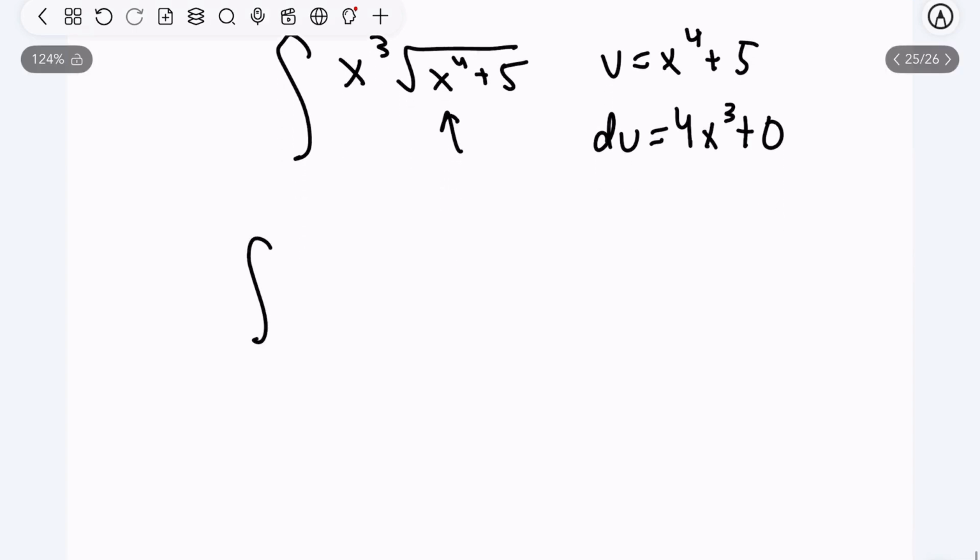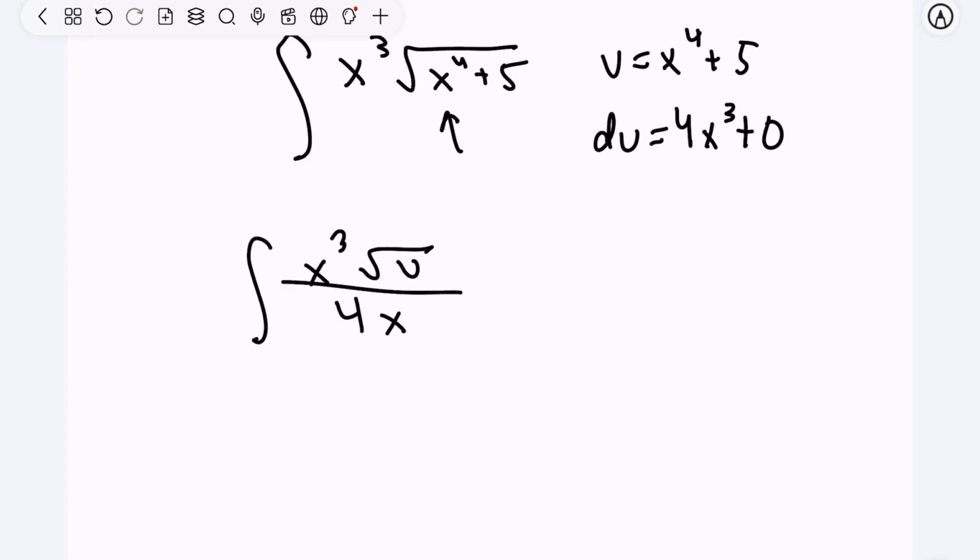So now for the integral, x cubed, do u-substitution, and divide that by the derivative, which is 4x cubed. Cross that off. You can put the 1 over 4 on the outside of the integral since it's a constant. And you're left with the square root of u, which can be written as u to the 1/2.